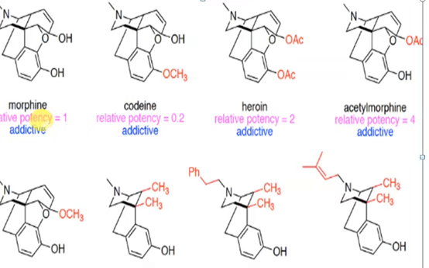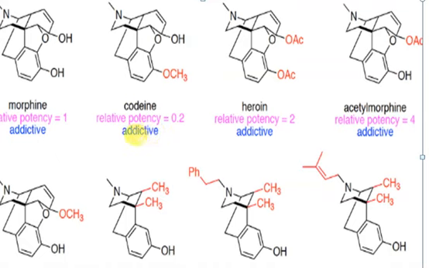So this is morphine, and the relative potency is 1. We'll compare the relative potency, and we'll see how the structure changes are affecting that potency and this addictive nature as well. So we convert this morphine into codeine. By converting into codeine, we convert this phenolic hydroxyl into methoxy group here, right? When we convert this hydroxyl into methoxy group, the relative potency decreases.